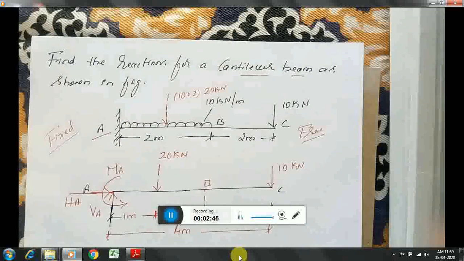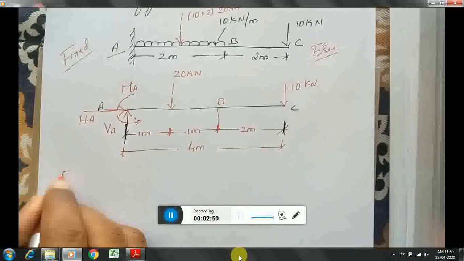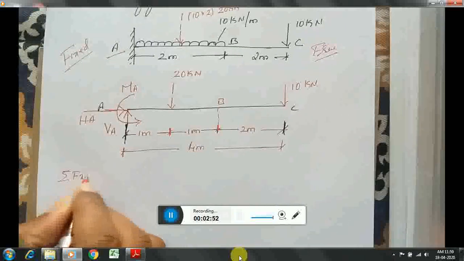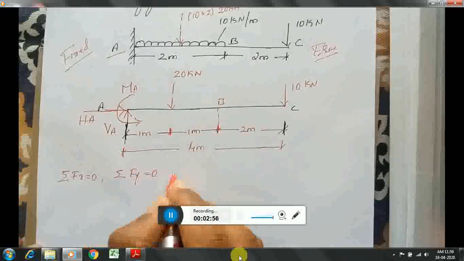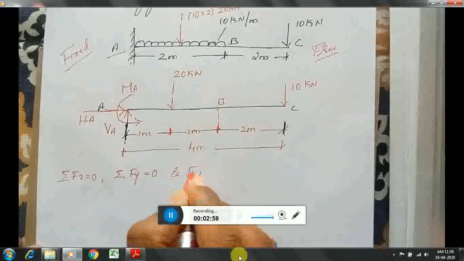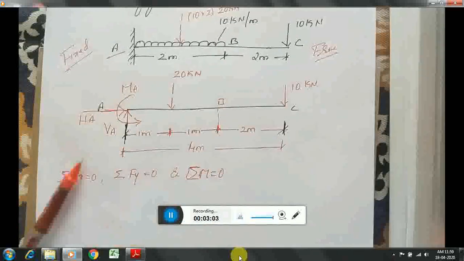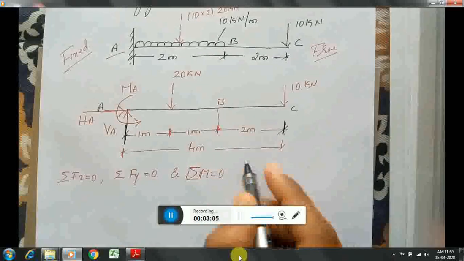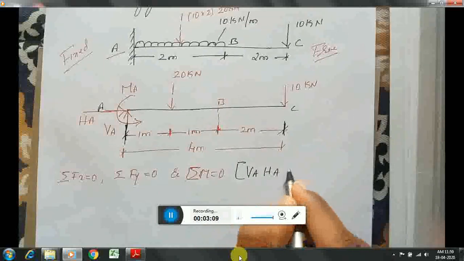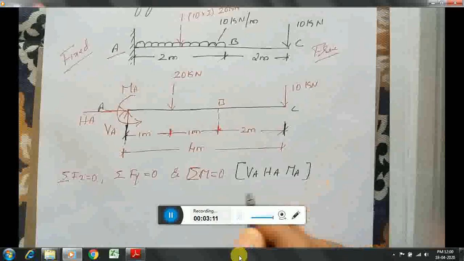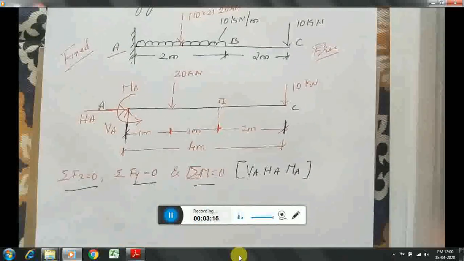So three unknowns, and I have three equilibrium equations: summation Fx, summation Fy, and summation M. How many unknowns are there? Three unknowns: VA, HA, MA. Three unknowns, three equations. So a cantilever is a statically determinate beam.